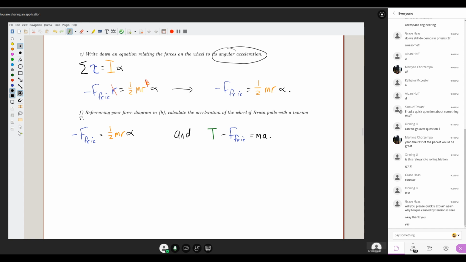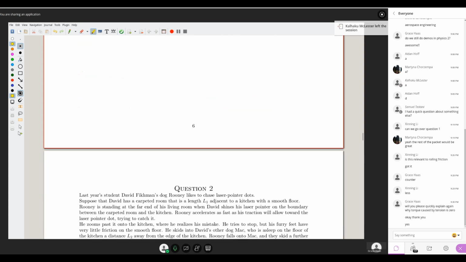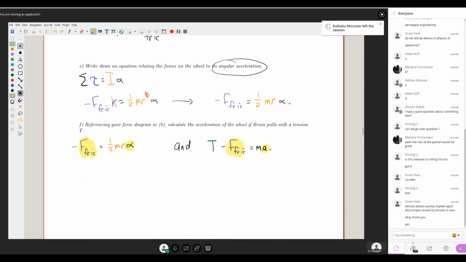So this, though, is a problem with two equations and three unknowns. We don't know the angular acceleration, we don't know the linear acceleration, and we also don't know the force of friction. Remember, we saw in part A that the force of friction is not mu mg, it's something else. So what do we do here? I've got two equations and three unknowns. How do I make progress?